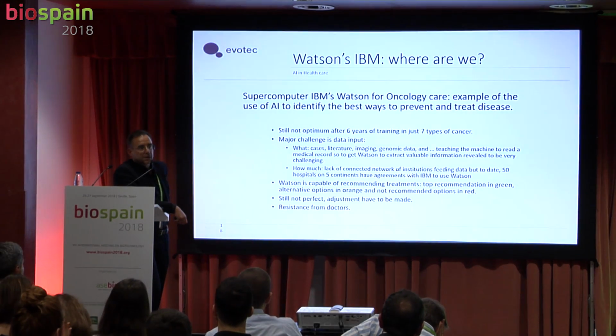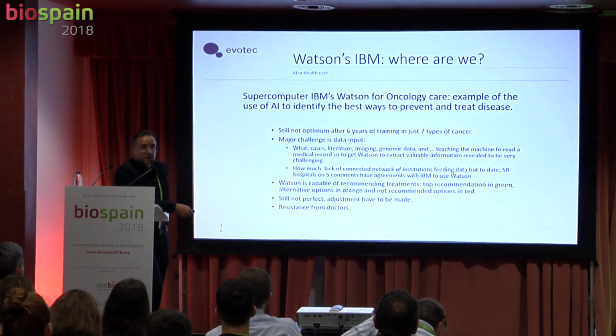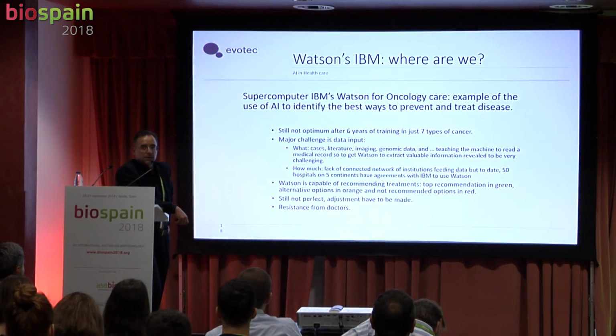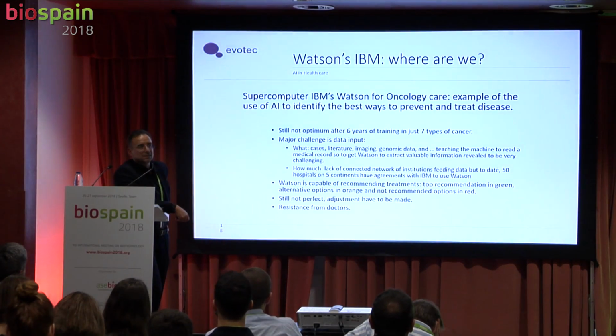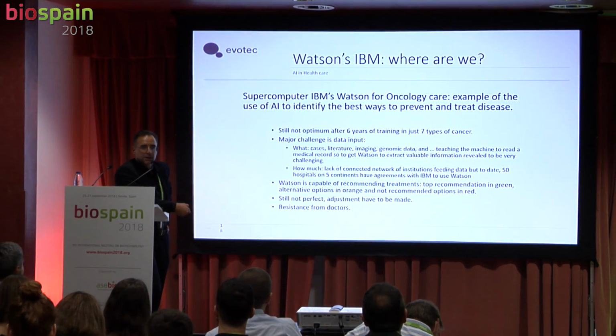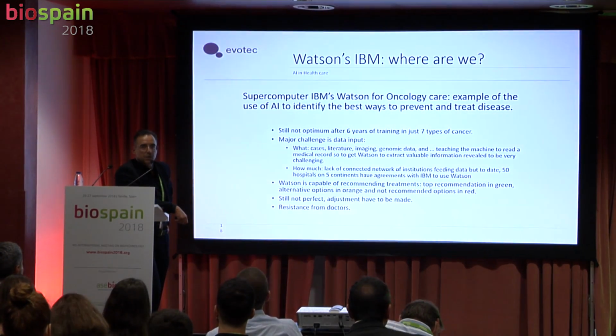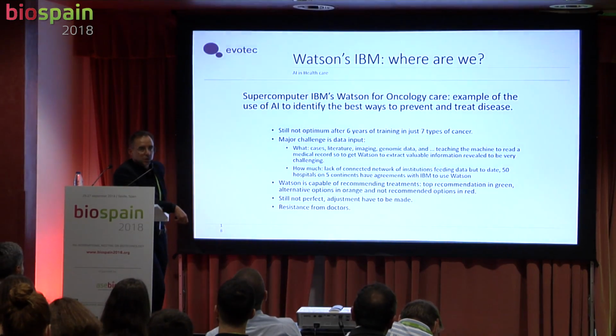It's just satisfactory. The machine is just recommending treatments that are not far from those the doctor can predict. The other thing that doesn't satisfy the doctors nowadays is that sometimes the machine is producing a recommendation and it is not capable of explaining the rationale of that therapeutic treatment. That's one of the major caveats.